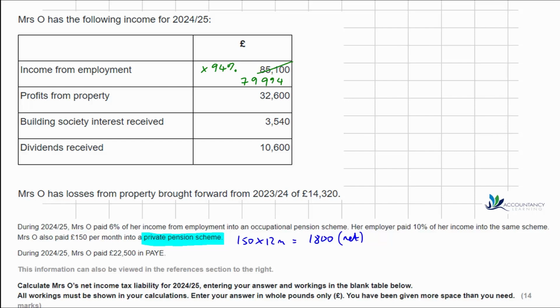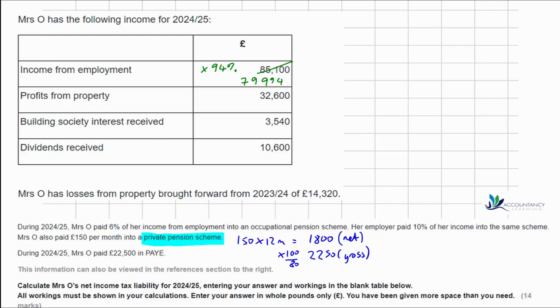So we want to gross that up. So if we multiply by 100 over 80, assuming that 20% tax has been deducted, so multiply by 100, divide by 80, so the gross amount would be 2,250. And we'll need to use that in our adjustments a bit later on.